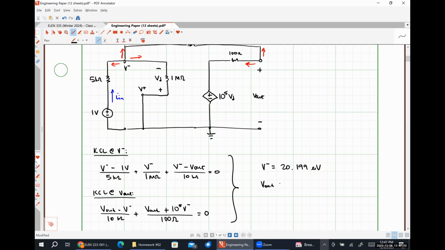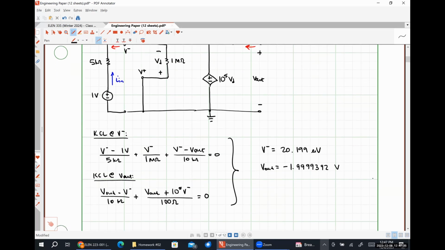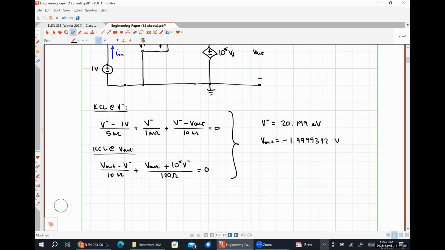And our voltage V out comes out to be negative 1.999392 volts. Keeping track of a whole bunch of decimal places here for reasons that you'll see in a moment. Okay. So with these 2 pieces of information, I can pretty easily solve for part A.